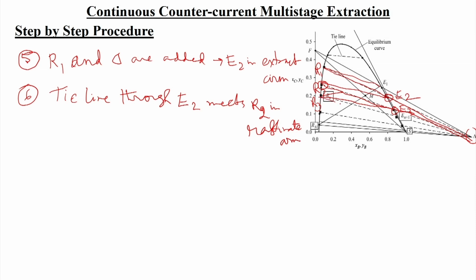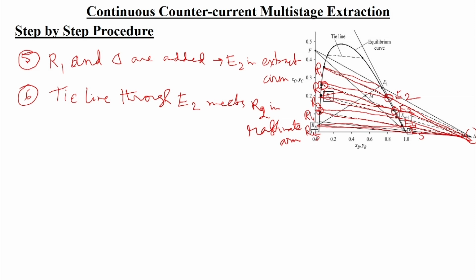Whenever we have R3, we join with delta and get E4, then from there the tie line gives R4. Again we draw the tie line, get E5, then R5, then add this one.